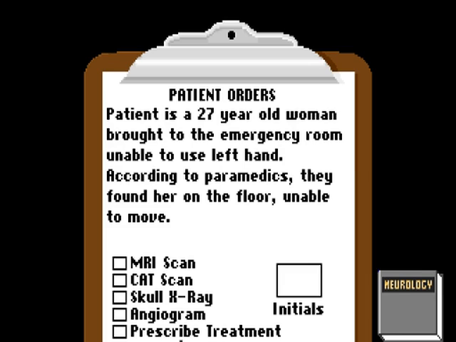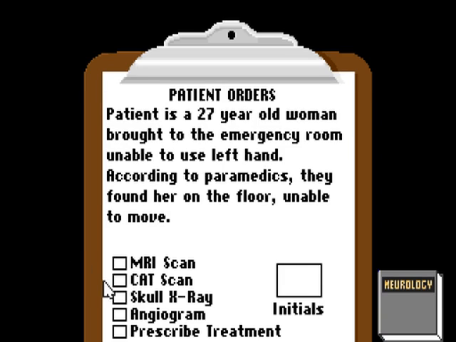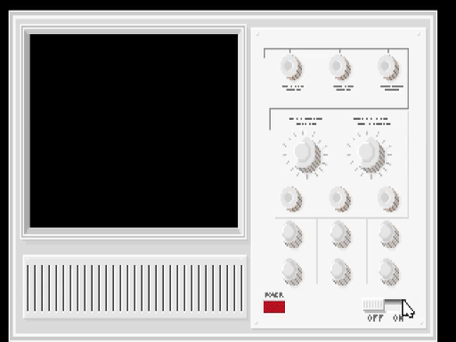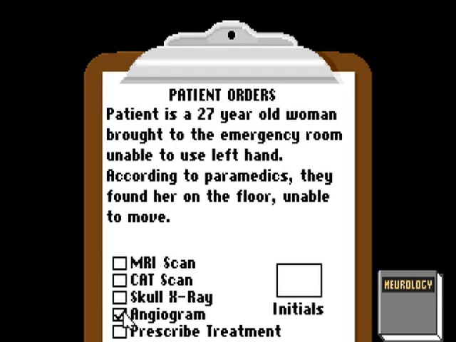Let's see what else we can do. How about an x-ray this time? Looks like she's wearing some sort of helmet. So it's a good thing she wore a helmet. CAT scan. Wait, I think we already did this, didn't we? Yeah? That actually looks okay.